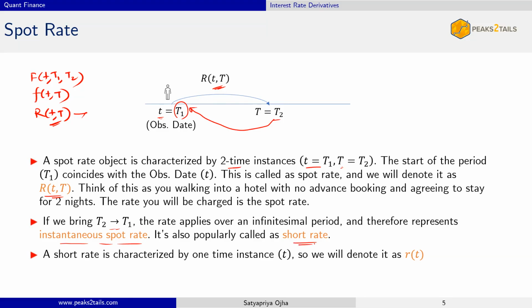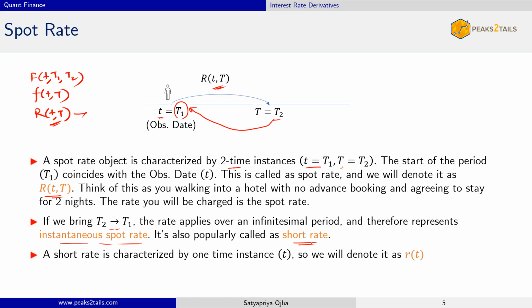The other popular word for this is short rate. So all these short rate models that you have heard, maybe you heard, maybe you didn't: Vasicek model, CIR, Ho-Lee, Hull and White. There are a plethora of short rate models. They are popular. They are fast. So short rate essentially means this.